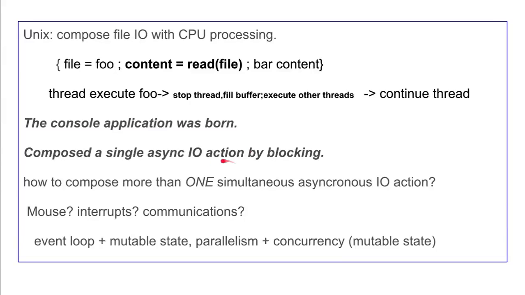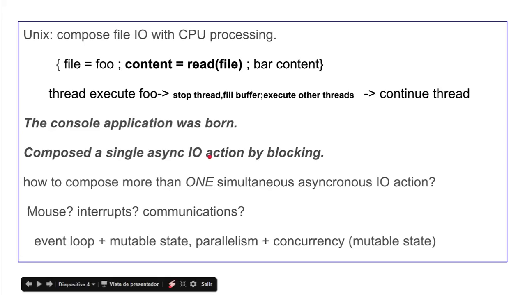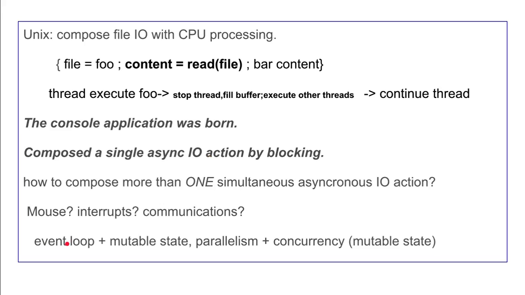Either using blocking I/O actions and multi-threading, so we need parallelism and concurrency, and at some point the concurrency will need mutable state. Or we need an event loop with no blocking, not a single blocking I/O action, using callbacks or event handlers to manage the events that arrive to the event loop.